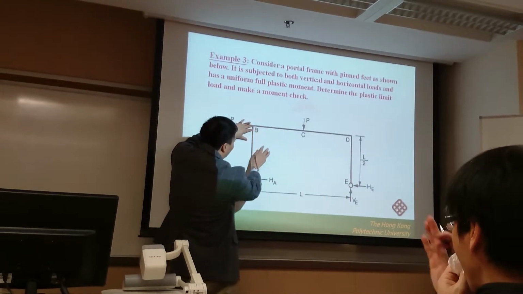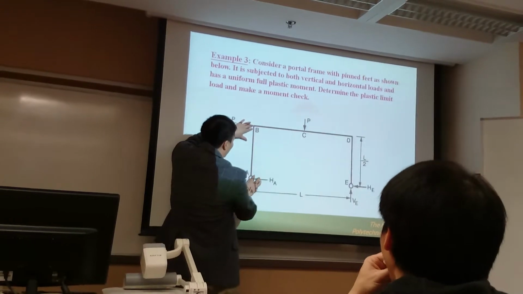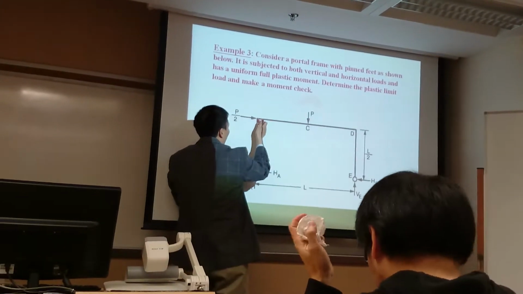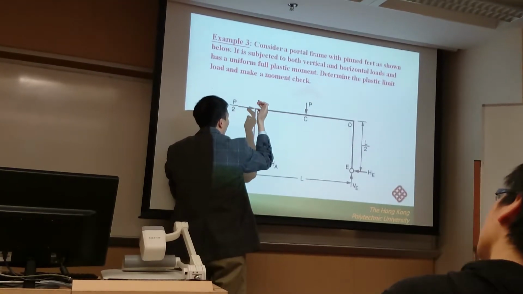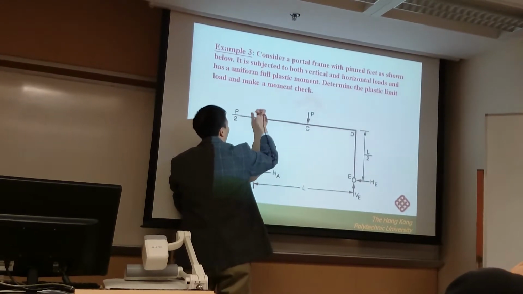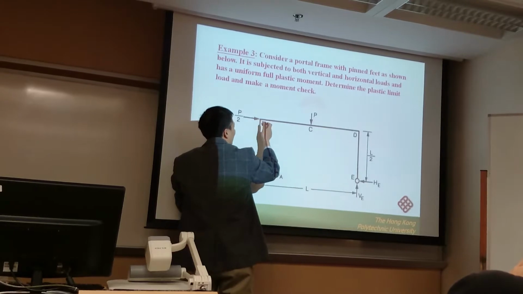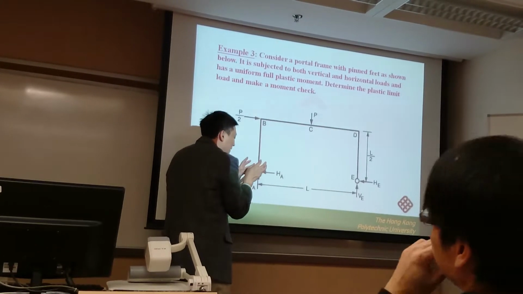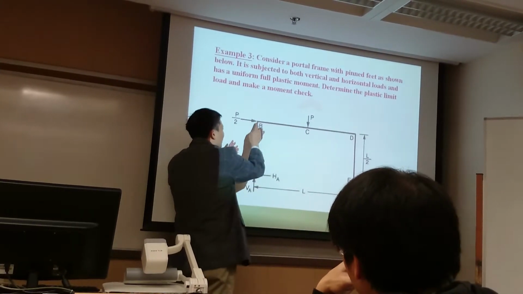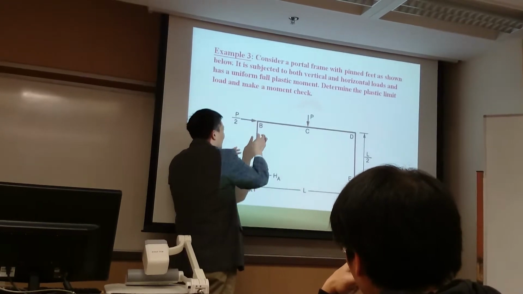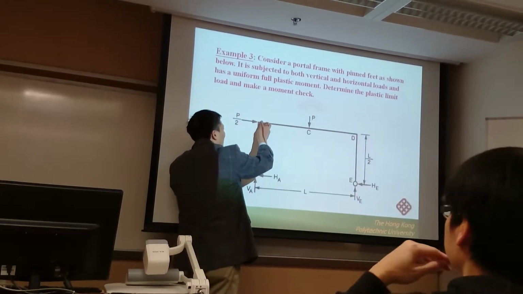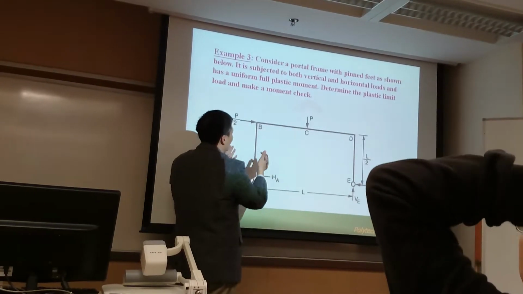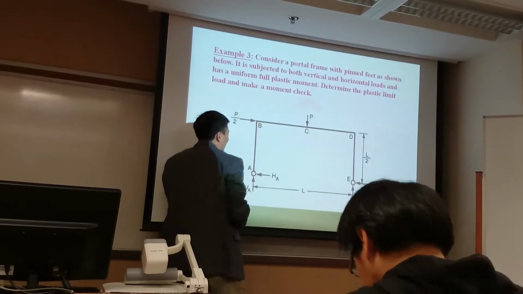So we cannot have a virtual displacement like this, because we would like to obtain the moment for this section. So we can introduce a hinge here and then apply another moment. For this section, you can replace the section by a pin connection and another moment. In this way, the rotation for section B is allowed.